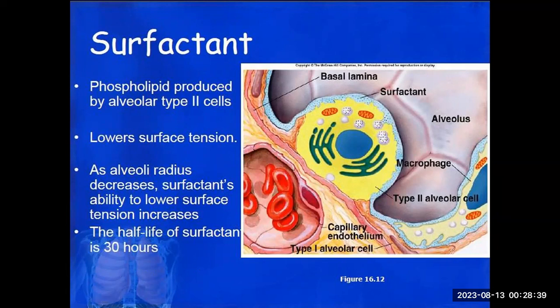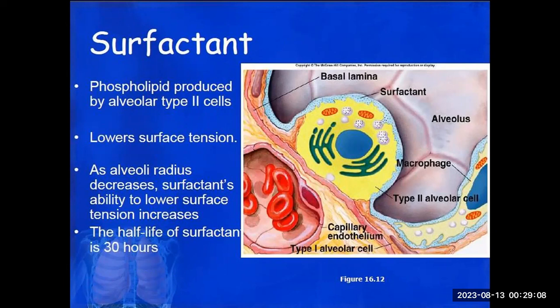So what surfactant does is reduce the surface tension right here of the alveolar cells, with the liquid of the alveolar cell. As the alveolar cell radius decreases, surfactant's ability to lower surface tension increases, and vice versa. The half-life of surfactant is about 30 hours.